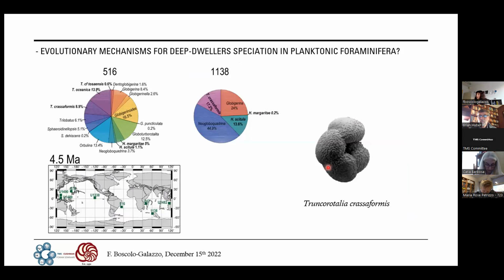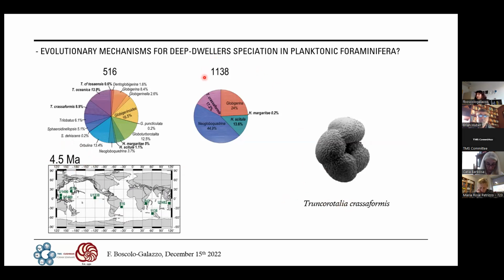So then let's move on to Truncorotalia crassiformis and the Truncorotalids. And again, let's start with biogeography and abundance data. So we start having Truncorotalia crassiformis in our data set by 4.5 million years ago, since this species originated in the late Miocene, so we do not have it in our earlier time slice.